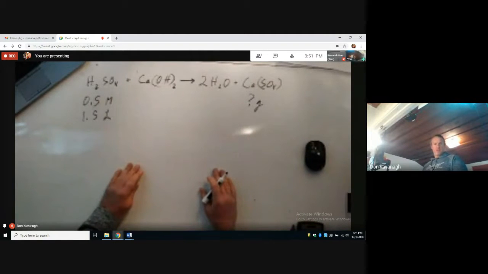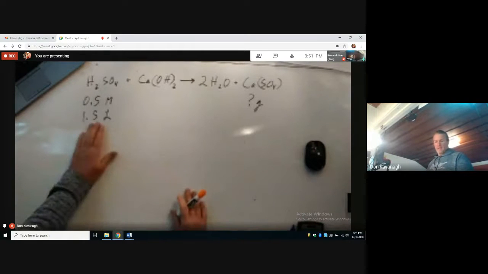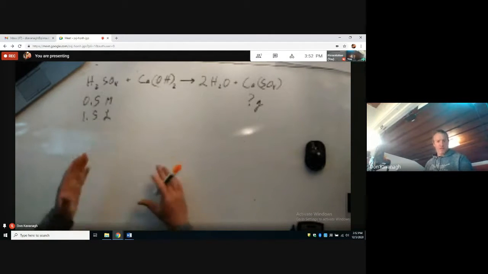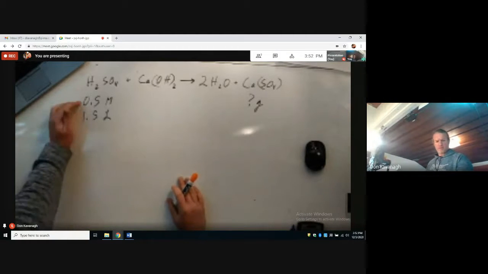This problem is solved in 2 scaffolds or 2 steps. We're going to do something new and then do something old. The first thing we want to do is calculate how many grams of H2SO4 this solution represents. The solution is kind of like the size of a very large water bottle, 1.5 liters, about half a gallon, a little less than a half gallon, and it has 0.5 molarity.